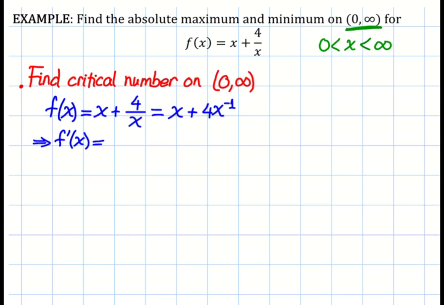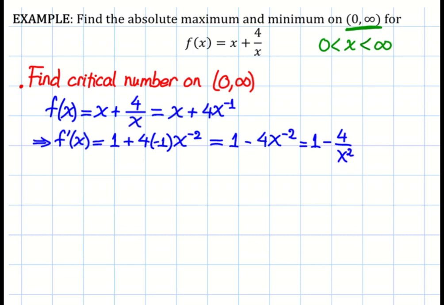The derivative of x is 1. The derivative of 4x to the negative 1, I will just write 4 times negative 1 times x to the negative 2. So we can write it as 1 minus 4x to the negative 2, or we can put 1 minus 4 over x squared.